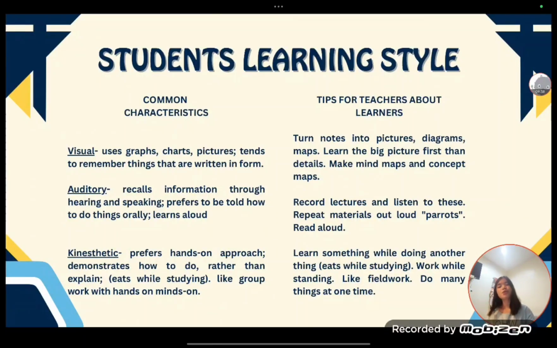Next, let us proceed with the students' learning styles. So these are the common characteristics and the tips for teachers about the learners. First we have the visual learners. They use graphs, charts, pictures, and tend to remember things that are written. So turn notes into pictures, diagrams, maps, learn the big picture first, then details, and make mind maps and concept maps.